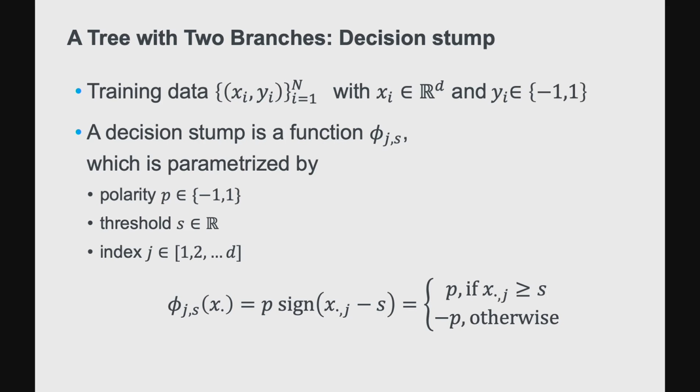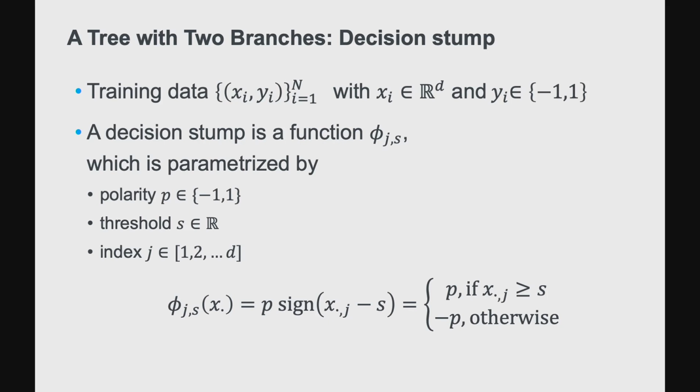decides on an object x to which category it belongs by computing p, the polarity, which is either -1 or 1, times the sign function. And you know the sign function is 1 for every value above 0, -1 for every value below 0, and 0 for 0.